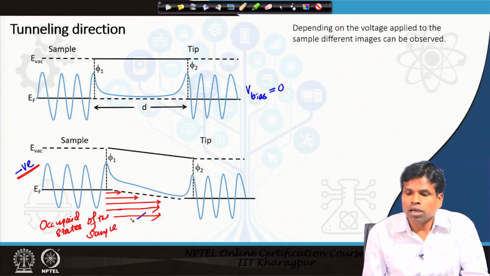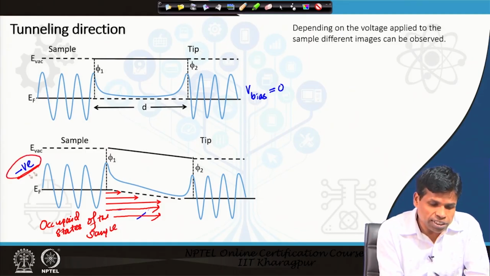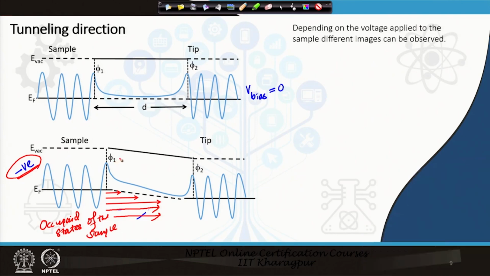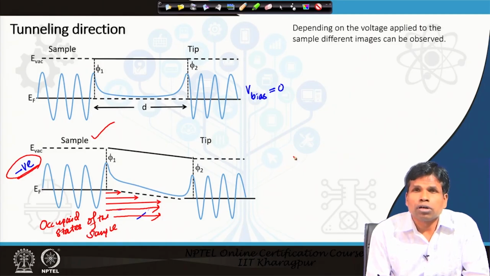Therefore, if we create an image, we will get an image of the occupied states of the sample, or nothing but the presence of the atoms which have filled states.